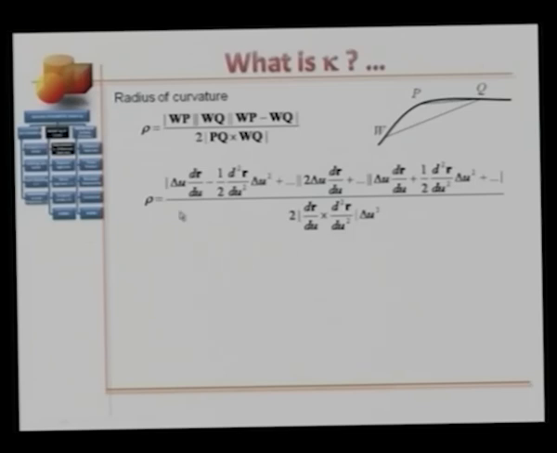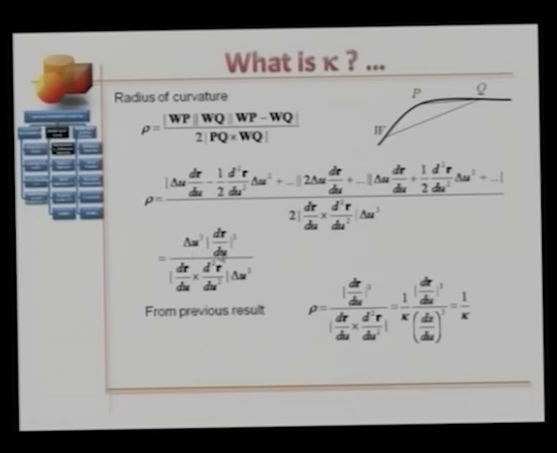Now, starting with this complicated looking expression, rho can be simplified to be the absolute value of delta u cube times dr over du, the cube of that, over the absolute value of dr over du crossed with d2r over du squared, times delta u cube.